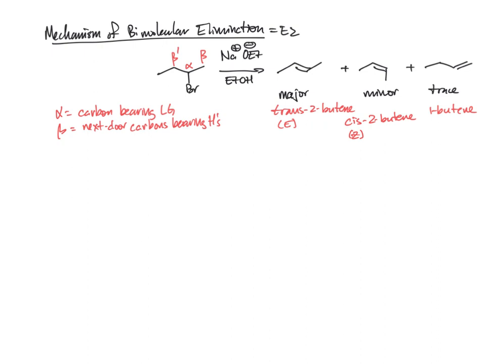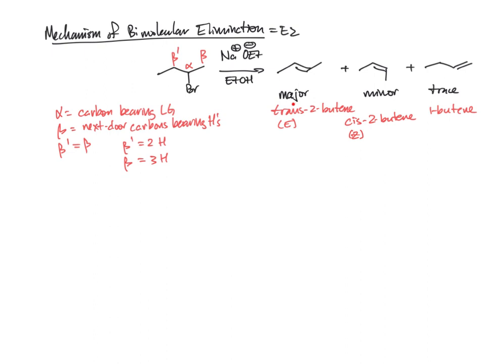So let me ask you this question. Beta prime is not equal to beta. Beta prime has 2 hydrogens, beta has 3. That's just from simple observation. This major product results from deprotonation of which beta carbon?